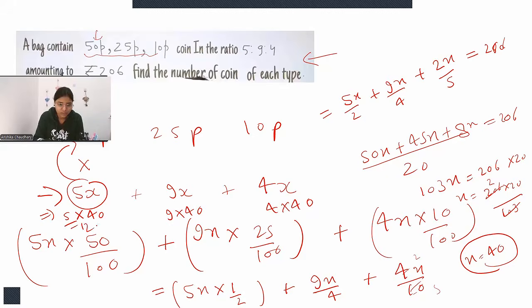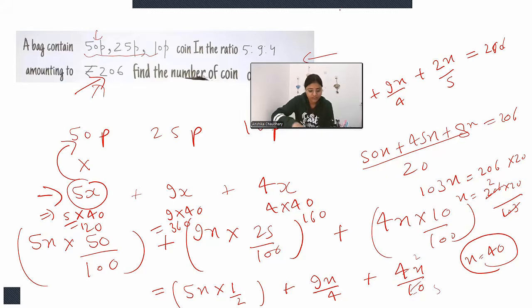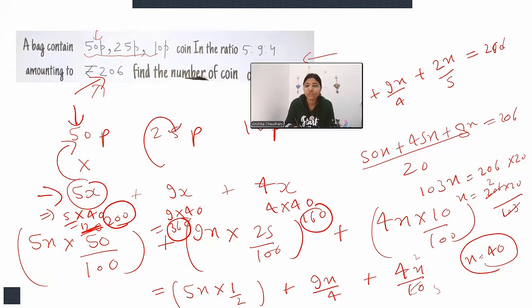Sorry, by mistake I multiplied wrong. 5 4s are 20, so 200, right? So we have 200 coins of 50 paise, 360 coins of 25 paise, and 160 coins of 10 paise, amounting to 206 rupees. So this is how we can solve this, right?